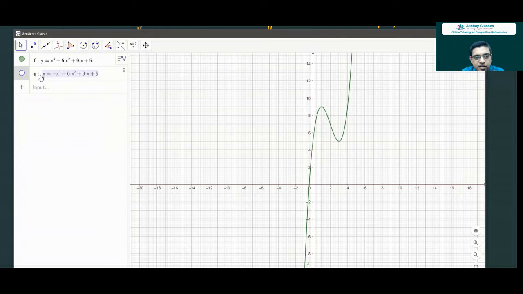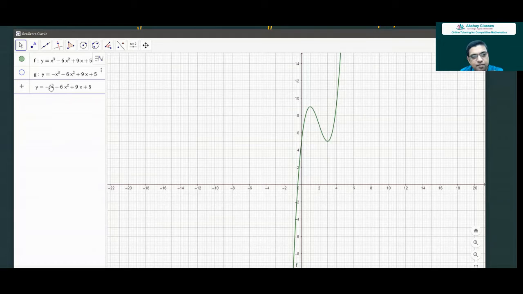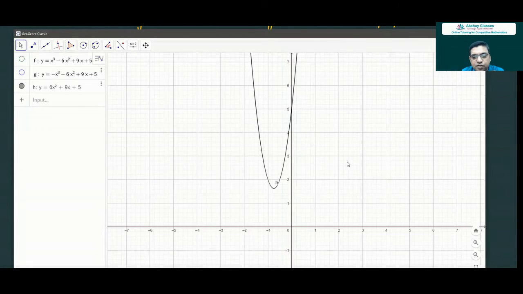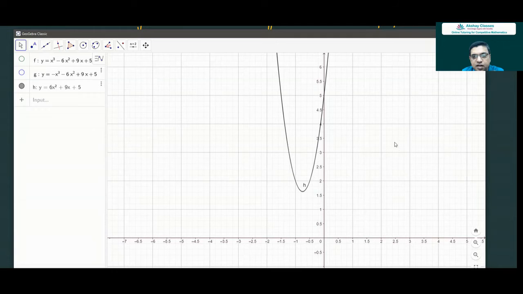Now I'll show you quadratic graphs. For a quadratic with a positive coefficient of x squared, this is the graph. It will be a parabola opening upwards, and it has a single stationary point.